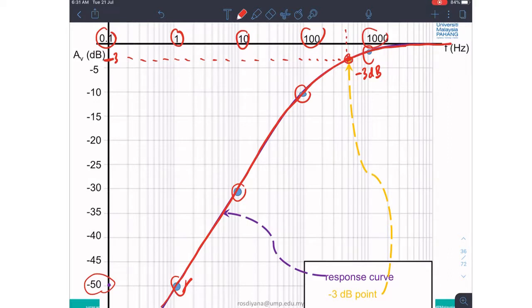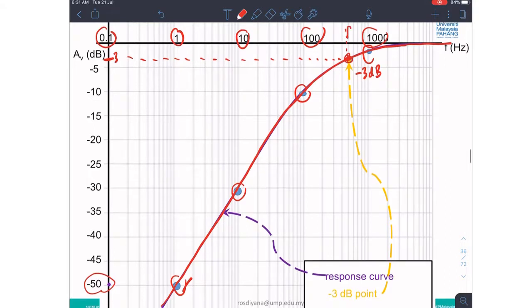It means that your cut-off frequency is at this point. So during this time, the gain is not 0 but negative 3 dB. There is some loss here.